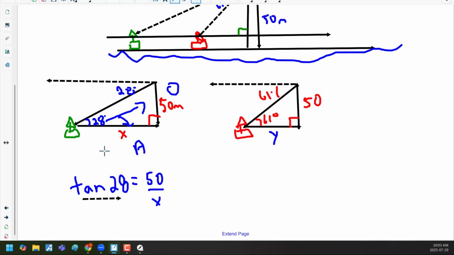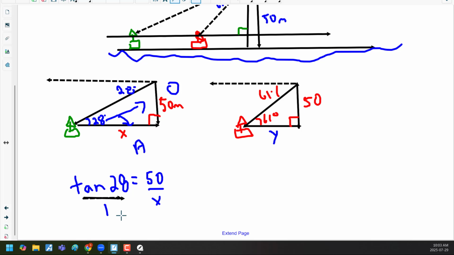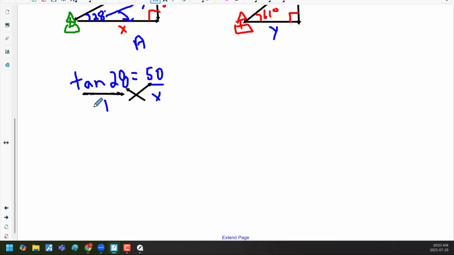You always make a fraction by making it over 1, then you do crisscross, cross multiply. So it's going to be x times tan 28 is equal to 50. Tan 28 is just a number, so it's a decimal.